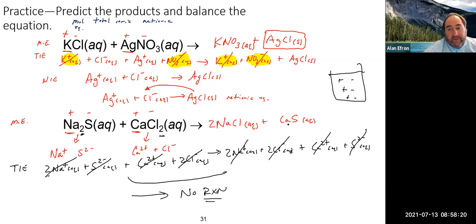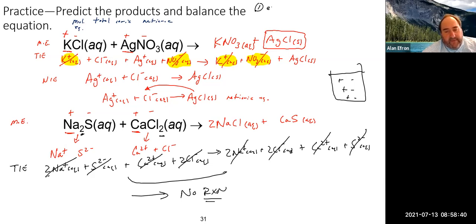And the reason this would be considered no reaction is because of what we talked about yesterday as well. We talked about 3 driving forces for what makes a chemical reaction take place.